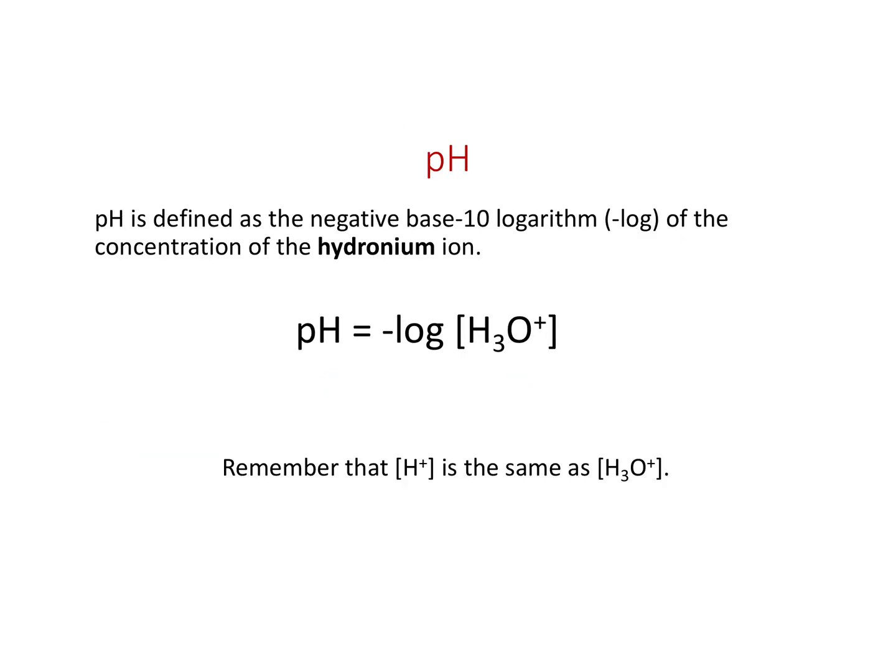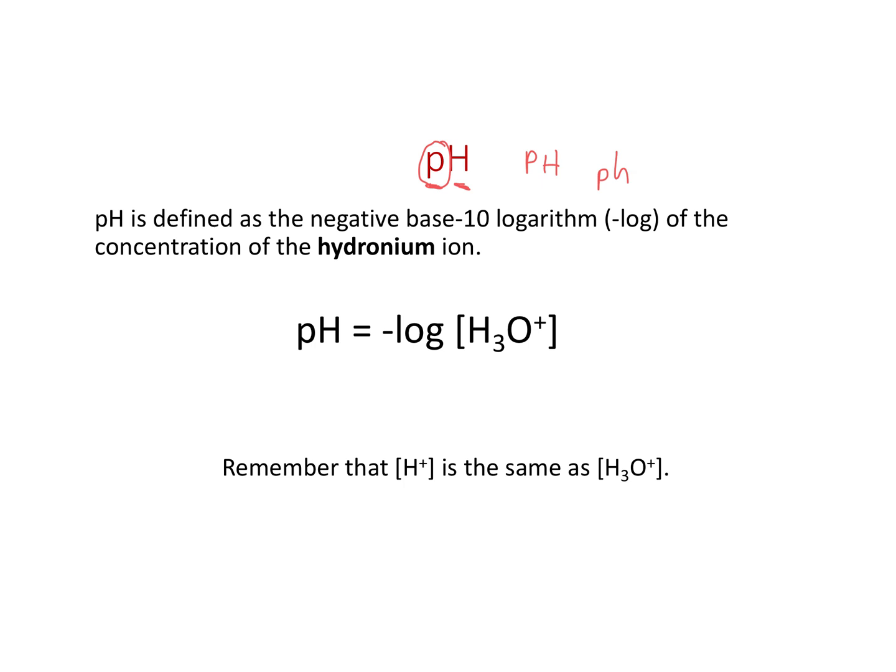Now that we know the concentration of hydronium in solution, that's where we can start to find our pH. One small pet peeve is that pH is always lowercase p, capital H. It is not capital P, capital H, and it's not lowercase p, lowercase h. That's because the lowercase p is telling us what to do.